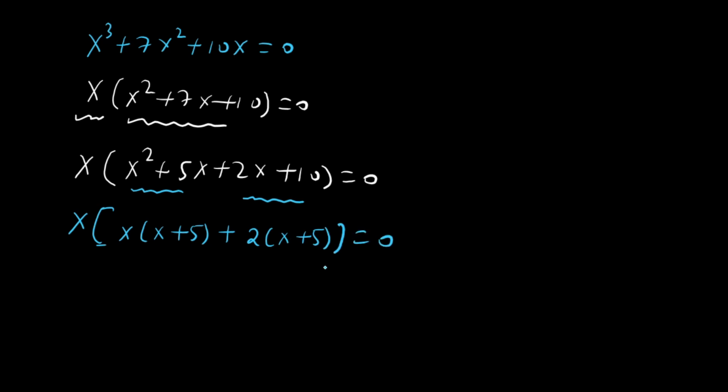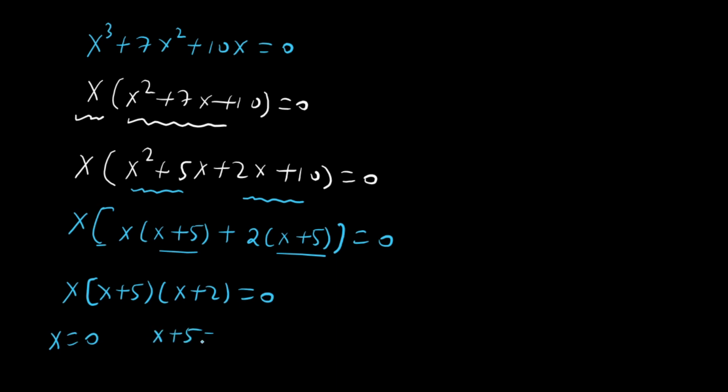So x plus 5 is common, and we get (x plus 5)(x plus 2) equals 0. Then we can say x equals 0 and x plus 5 equals 0, which implies x equals minus 5, and x plus 2 equals 0, which implies x equals minus 2.